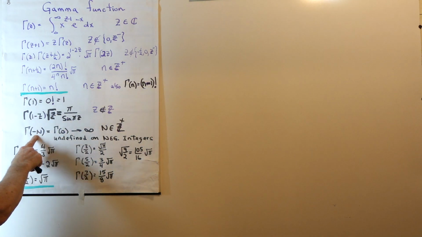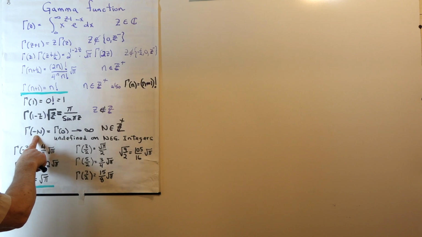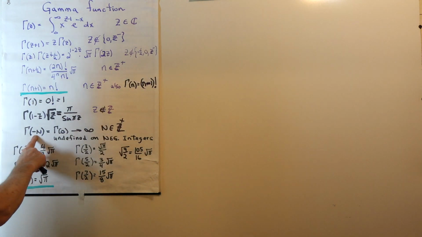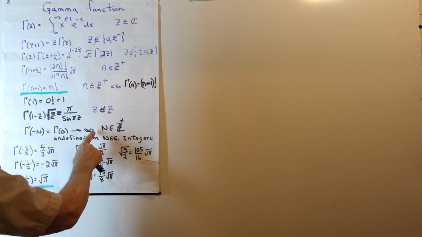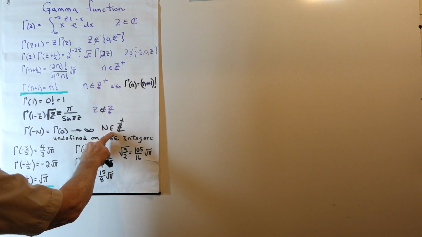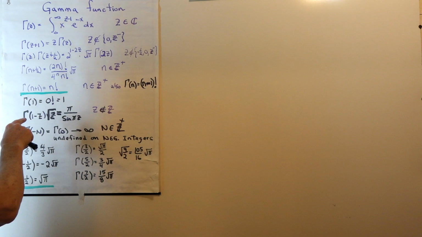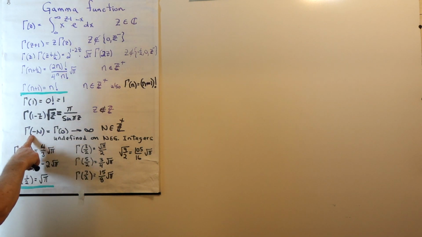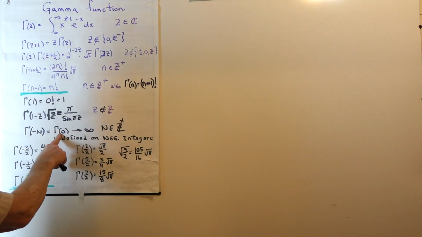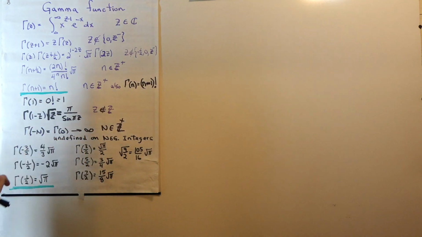Now, n has to be a positive integer. If you're trying to take the gamma function of an integer, the integers have to be strictly positive. They can't be 0 and they can't be negative. That n has to be an element of the positive integers, because gamma on the negative integers and 0 is undefined.